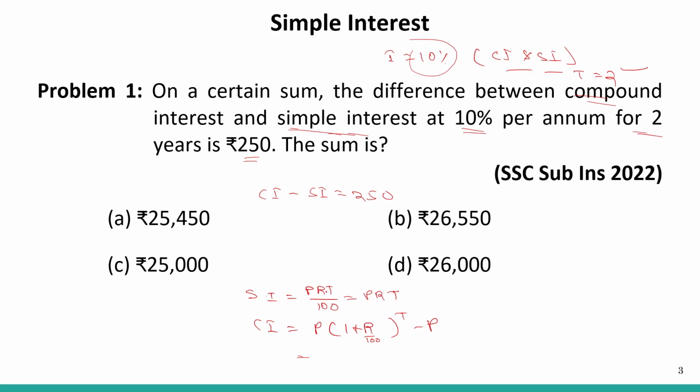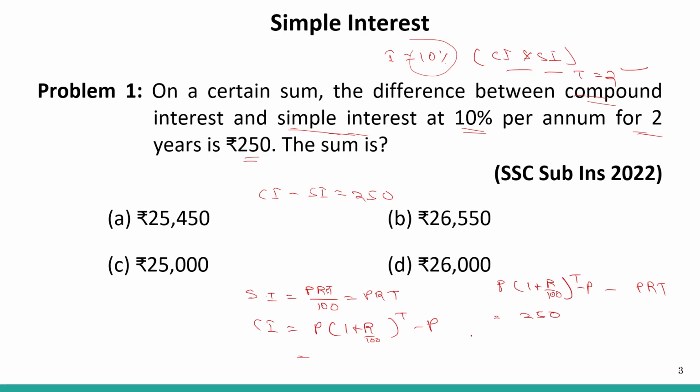This is in percentage. So what we are given is P into 1 plus R by 100 whole power T minus P, minus PRT, is equal to 250.